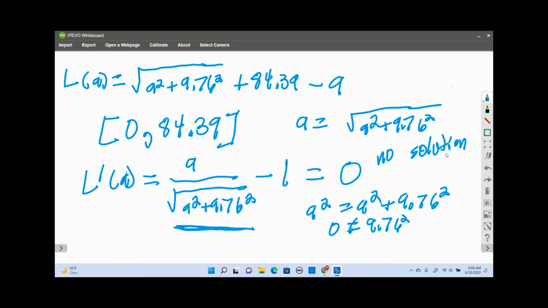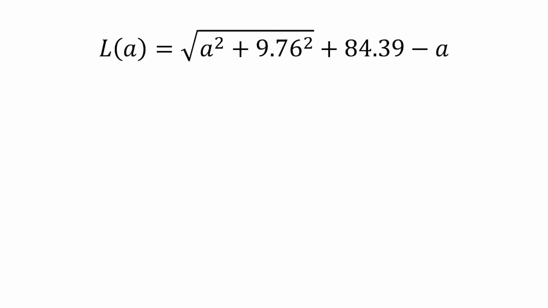So I've already typed the function in my calculator, and I'm just going to evaluate the function at different spots. So let me clear this. L of 0 happens to be 94.15.